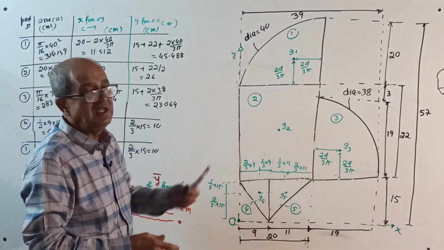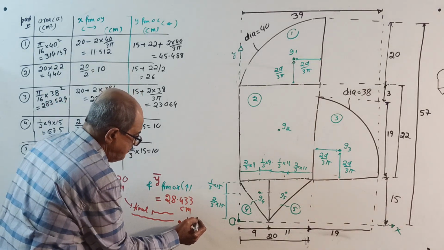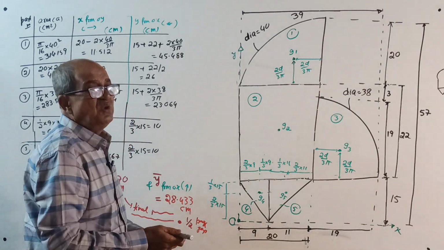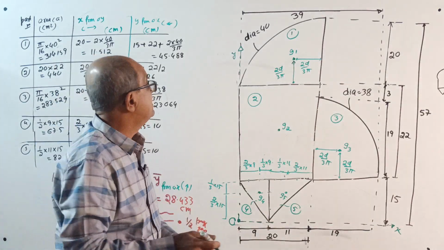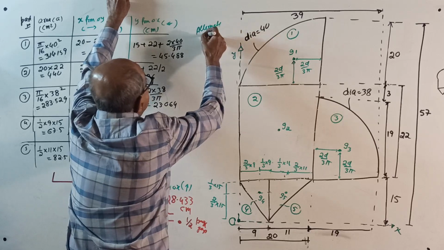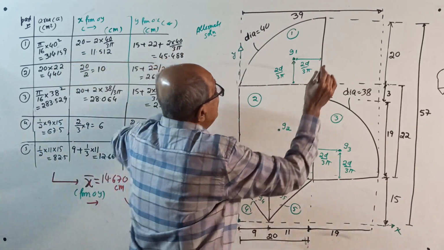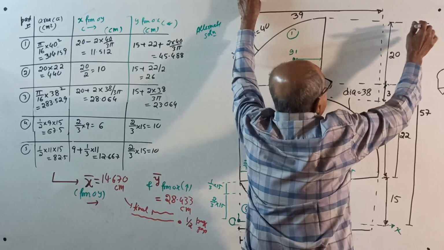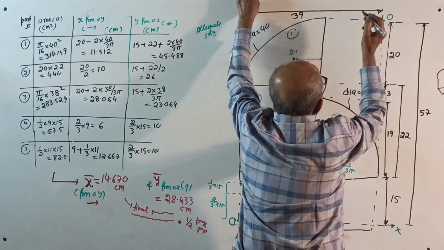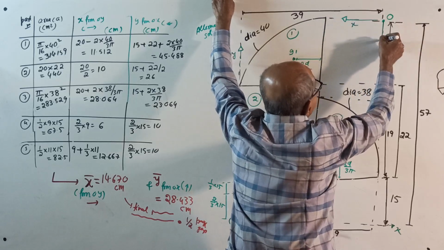I want to remove this one. I want more space. Leave half page gap. Leave half page gap, and then I will tell you to go for the alternate solution, where you take the reference axis at the upper right corner, O. This is your x, this is your y.